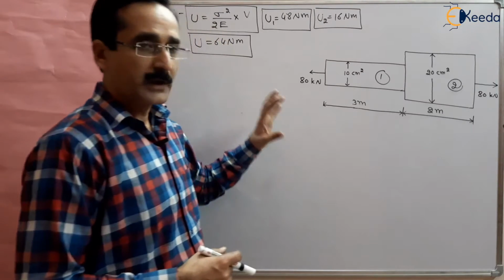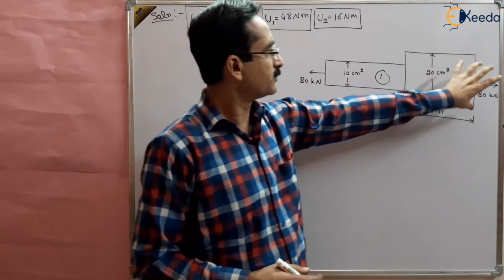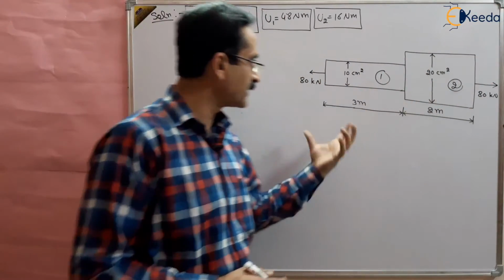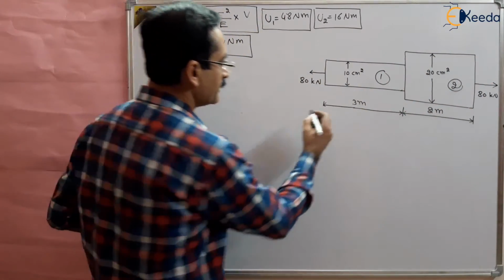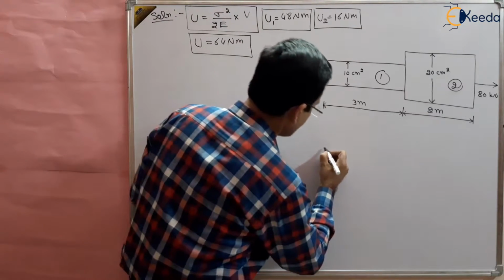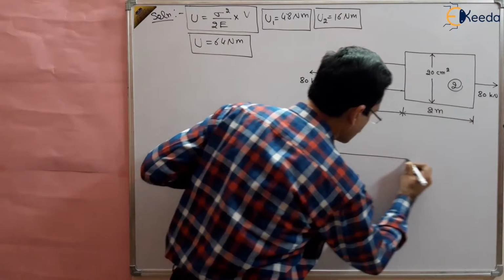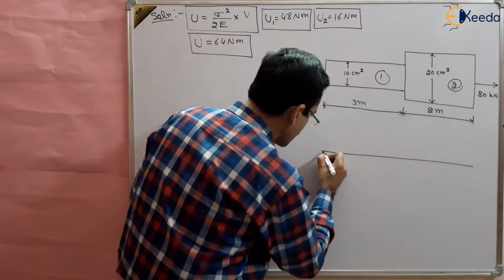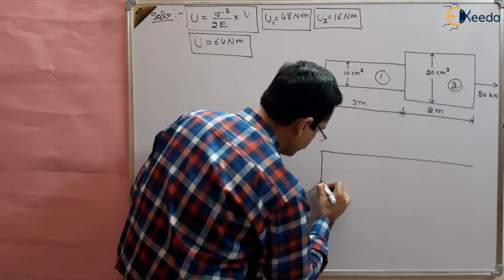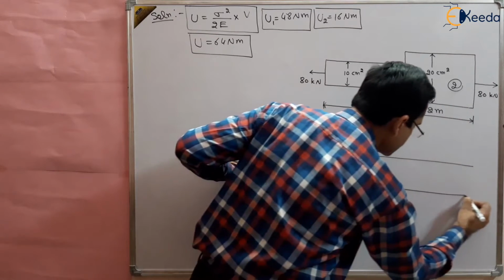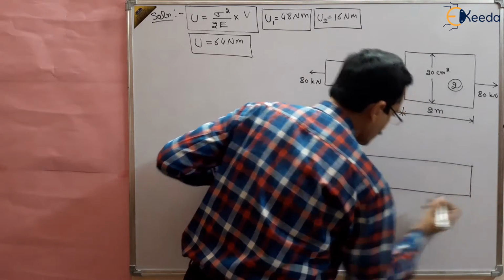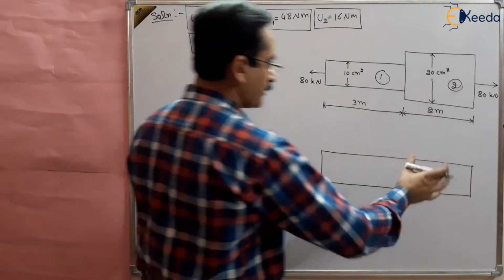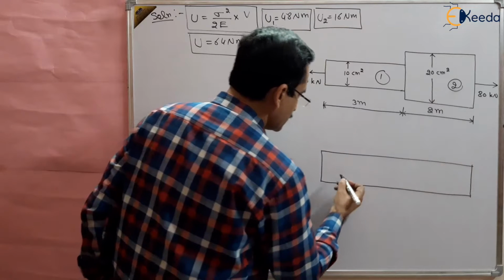Now in the next part of this question, this specimen is made of the same material but of uniform cross-section area. So suppose this is the cross-section area, length is kept the same, and this is a bar of uniform cross-section area.